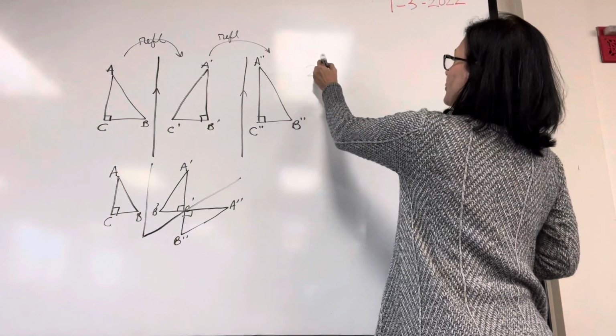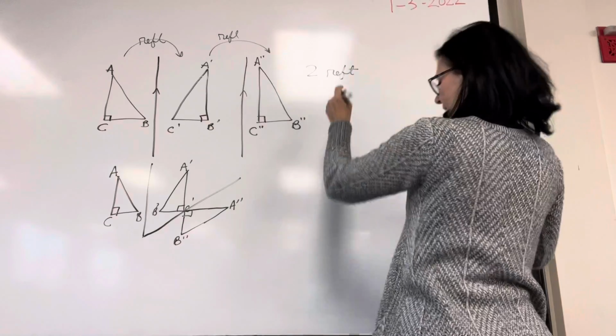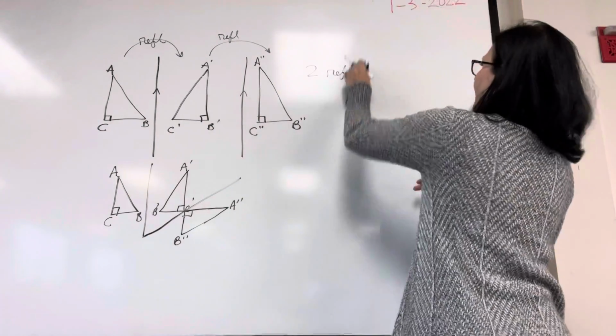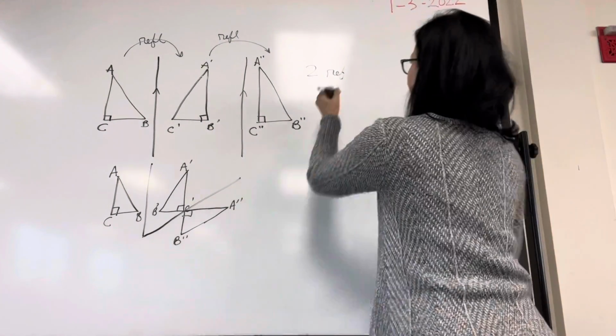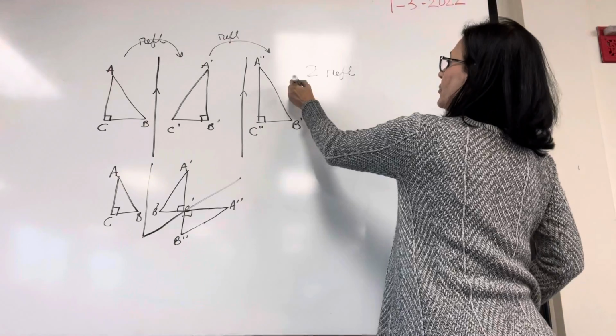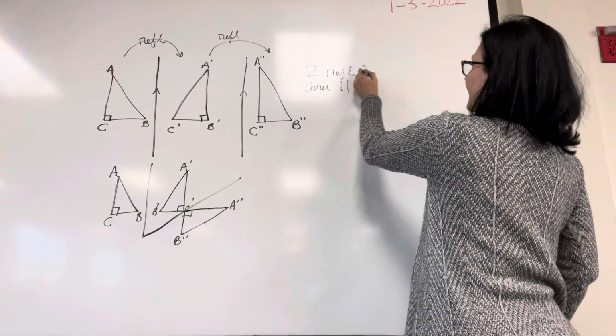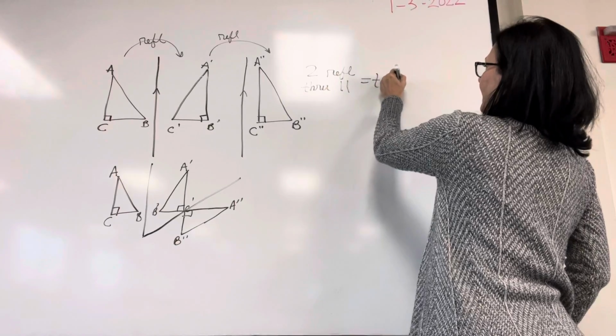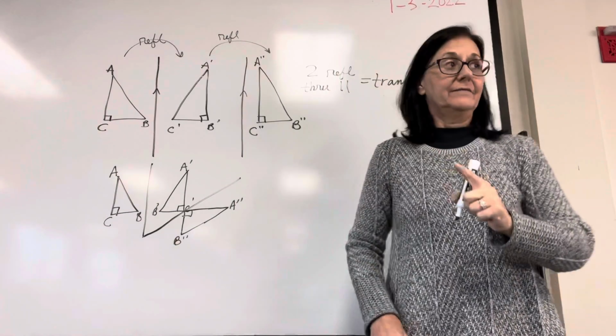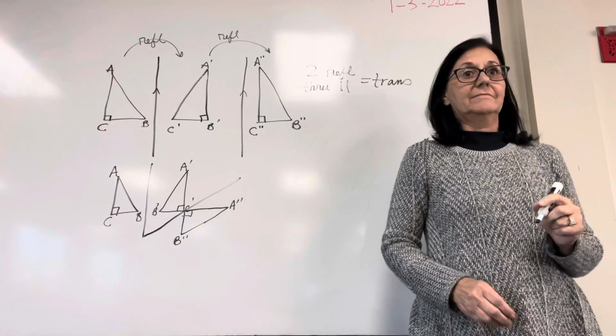So two reflections, not T, Paula. It's an L. Two reflections through parallel lines, that equals a translation. Got it?